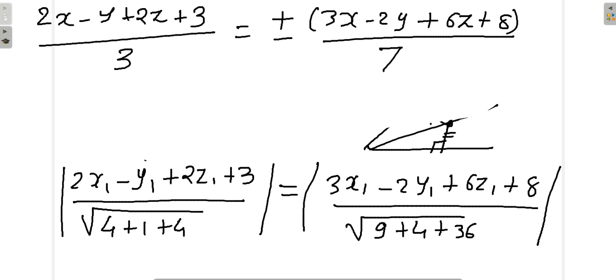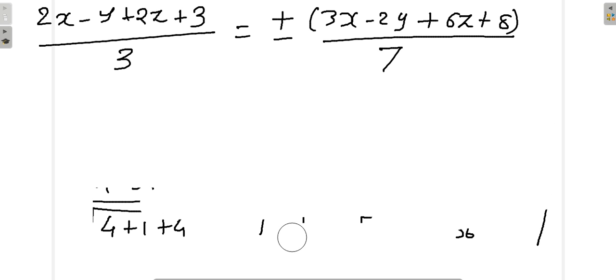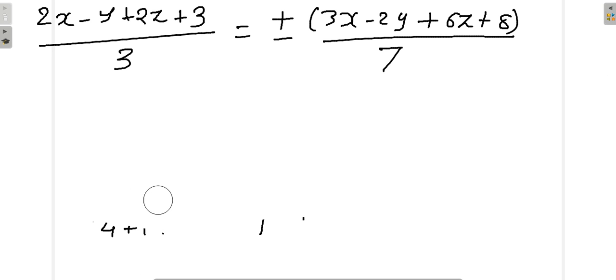So once we'll do it with plus and the second we'll do it with minus. Just cross multiply. So 7 into this.